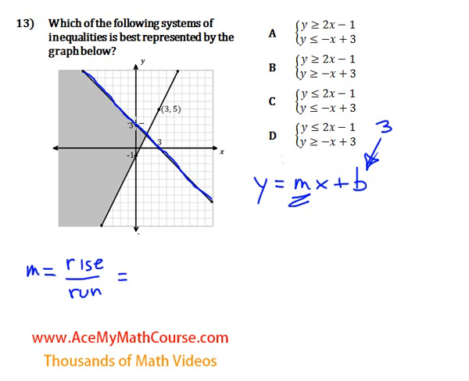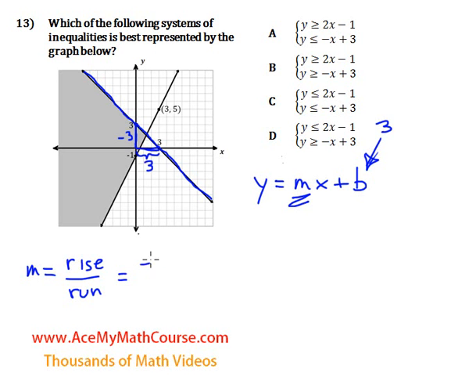So the rise in this case is negative because from left to right, the line is going down. So from 3 down to 0, the rise is negative 3. It's going down by 3 units. And the run is positive 3 because horizontally, we're moving 3 units to the right.